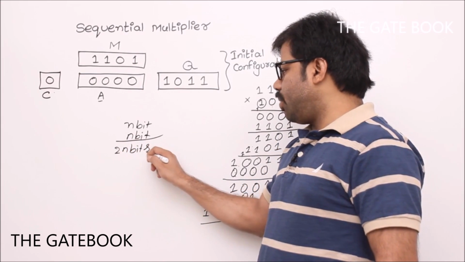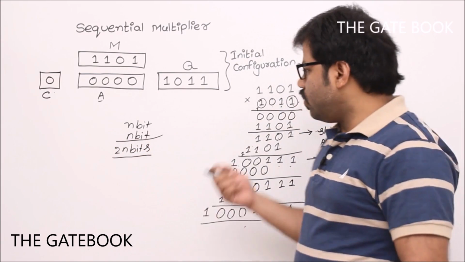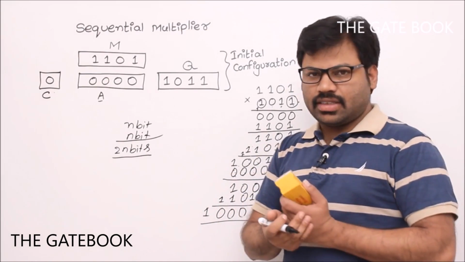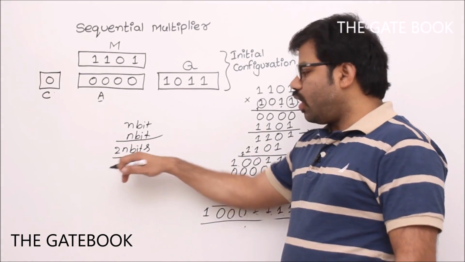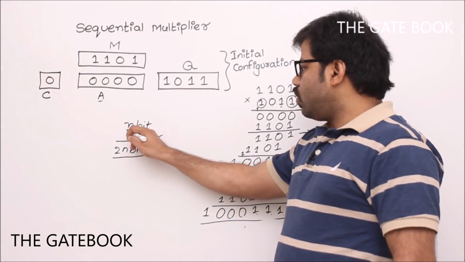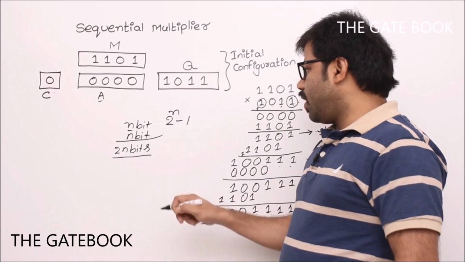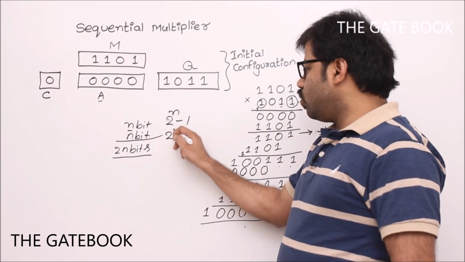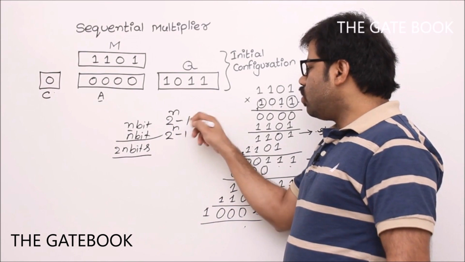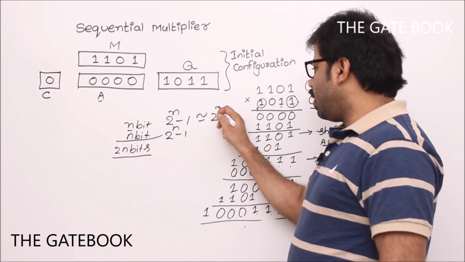That's why we should be prepared for that. Now I'll give you just a rough idea, not an exact idea, of why we require 2n bits. With n bits, the maximum number representable is 2 to the power of n minus 1. With these n bits also 2 to the power of n minus 1, almost 2 power n, remember it, right?